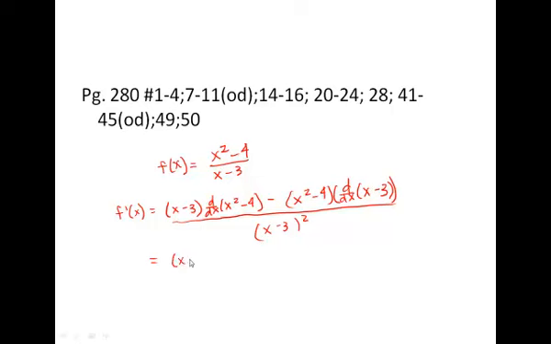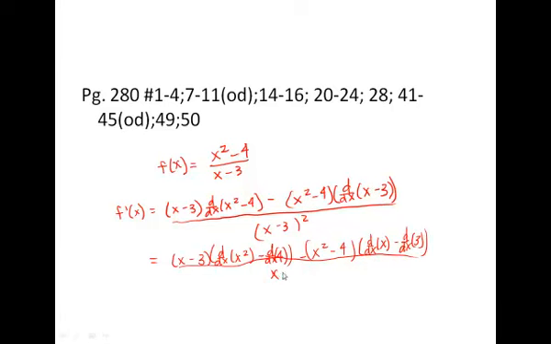So we have x minus 3, and then the derivative of x squared minus the derivative of 4. That's that piece right there. Minus, and then x squared minus 4, and then the derivative of x minus the derivative of 3, all over, oops, low squared. Sorry, that got messy.